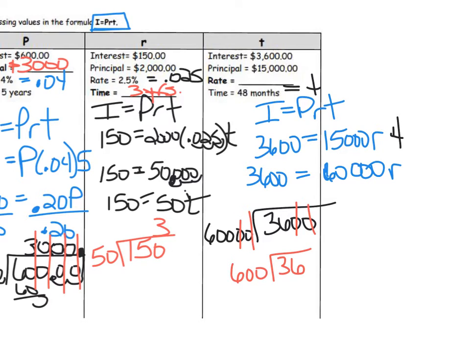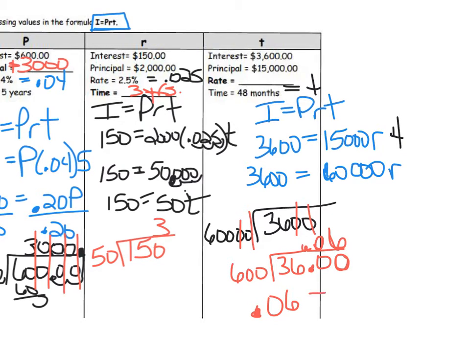So can I do that? No. I have to add a decimal and 0. So how many times does 600 go into 360? I can't do that either, right? So that means I need to add another 0. So 600 into 3,600. 6, right? So my rate is 0.6, but usually don't they give us the rate in percent form?